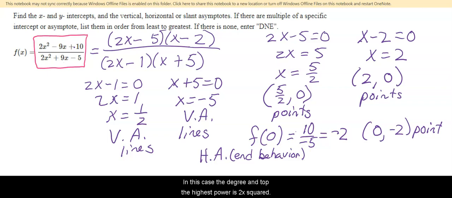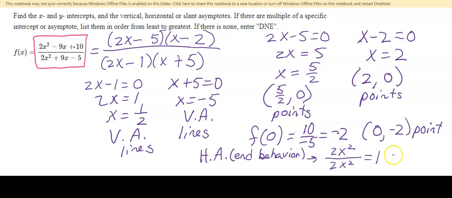In this case, the highest power on top is 2x squared. The highest degree term on the denominator is also 2x squared. 2x squared divided by 2x squared reduces to 1. This means my horizontal asymptote is the line y = 1. It is a line, not a point.